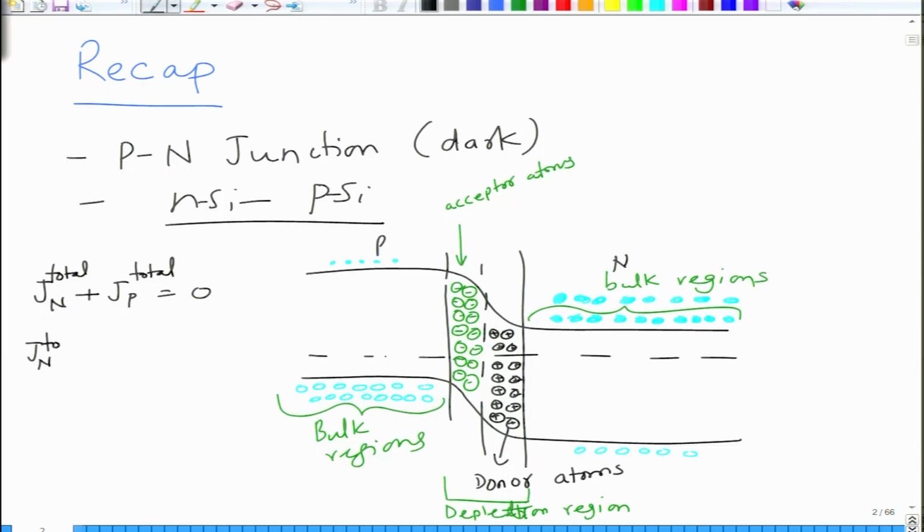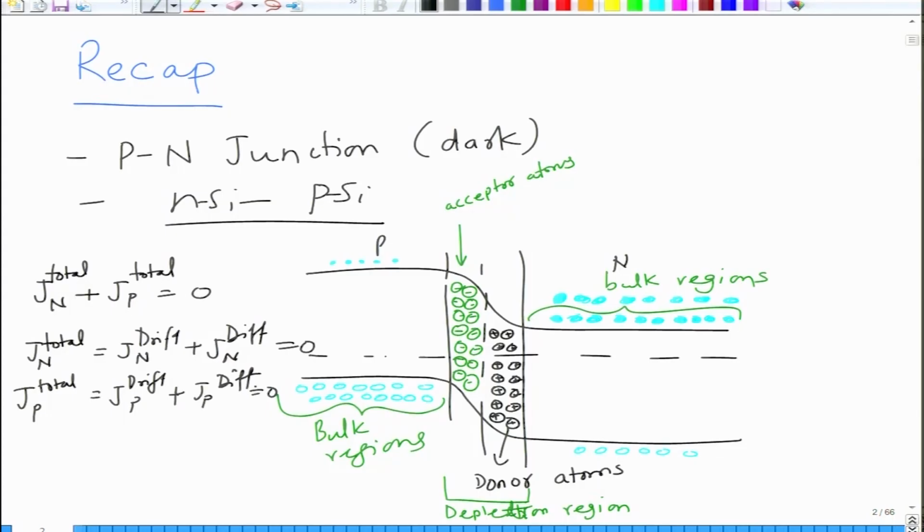Jn total is equal to Jn drift plus Jn diff, this is equal to 0, and Jp total is Jp drift plus Jp diff, this is also equal to 0. Which means drift and diffusion currents are equal and opposite to each other for both holes and electrons.